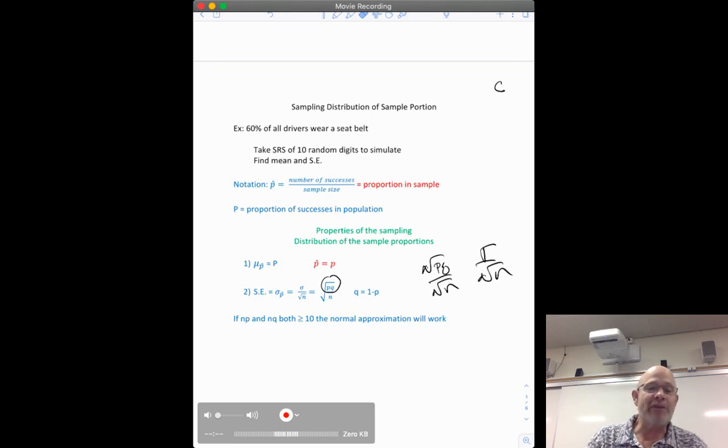It turns out that if N times P and N times Q are both greater than or equal to 10, then we're okay. We need that restriction to hold true in order for the sampling distribution to be roughly normal, because I'm going to answer some questions about it, like I will show you right here.